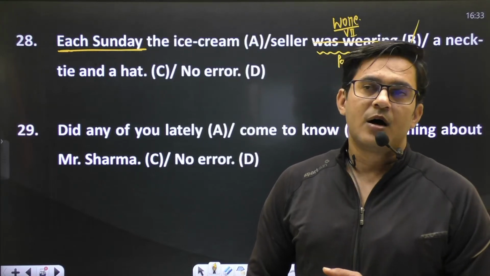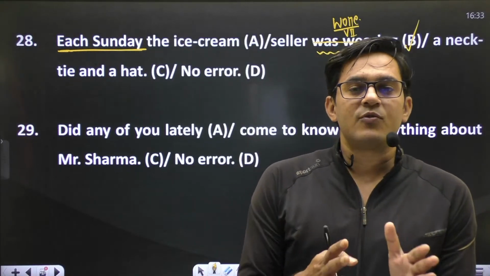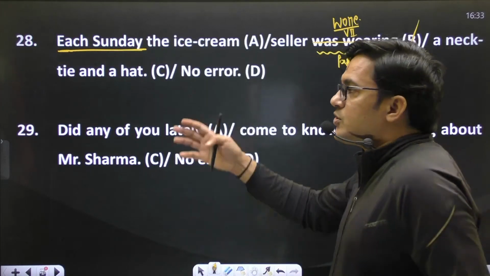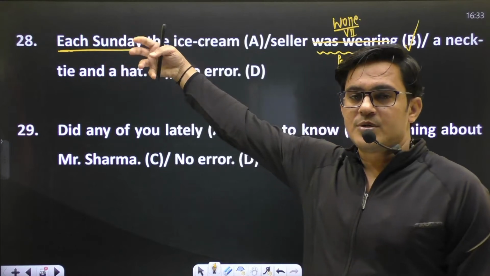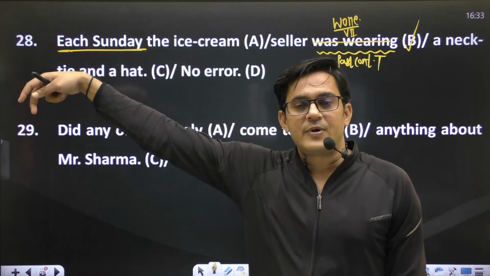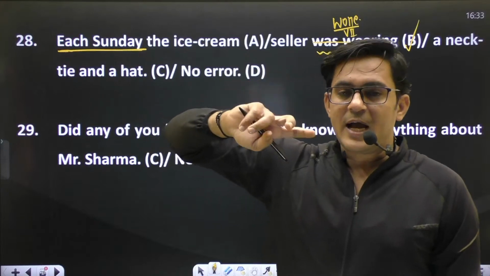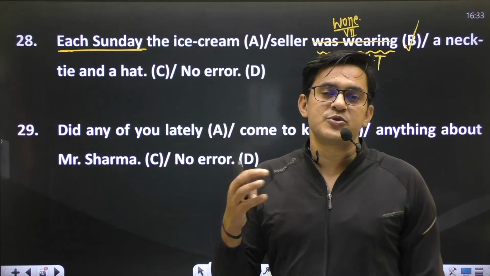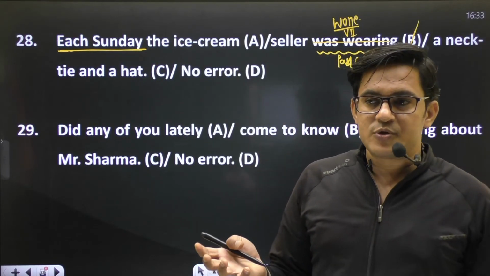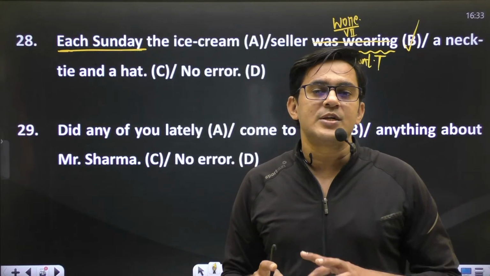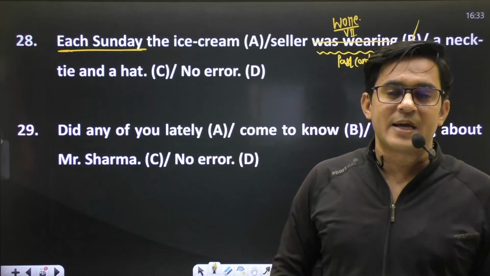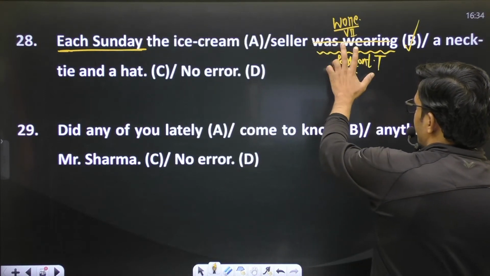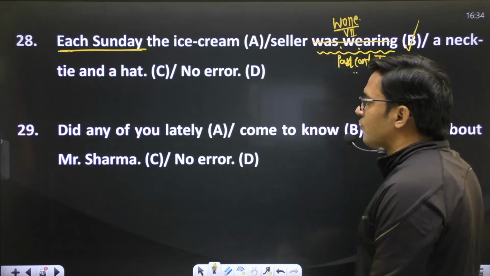You can say often, seldom, never, rarely, barely, each, every plus time word, like each Sunday, each January, or every January, or every Sunday, every week, something like that. These are the adverbs of frequency. These are the adverbs of such actions which denote frequent, permanent, routine actions, right? So to denote routine actions, we use indefinite in place of past continuous. Second form will be the answer.